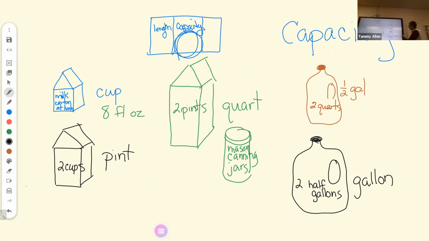Okay. So I'm also gonna put in here 4 quarts. Because that's commonly talked about. All right. Does that help you? Okay. So.